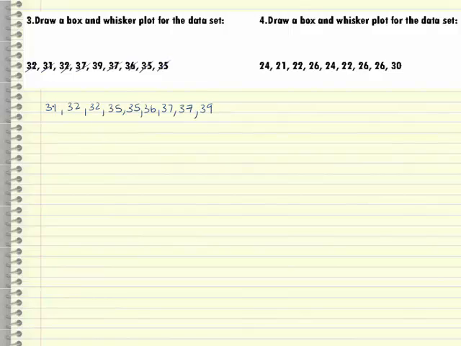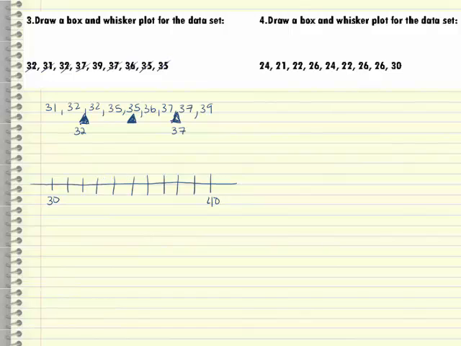I find the median, so 1, 2, 3, 4, 5, 6, 7, 8, 9 numbers, so here's my median. Then I find the halfway points, 32 and 37. Draw a number line, 30, 31, 32, 33, 34, 35, 36, 37, 38, 39, 40.